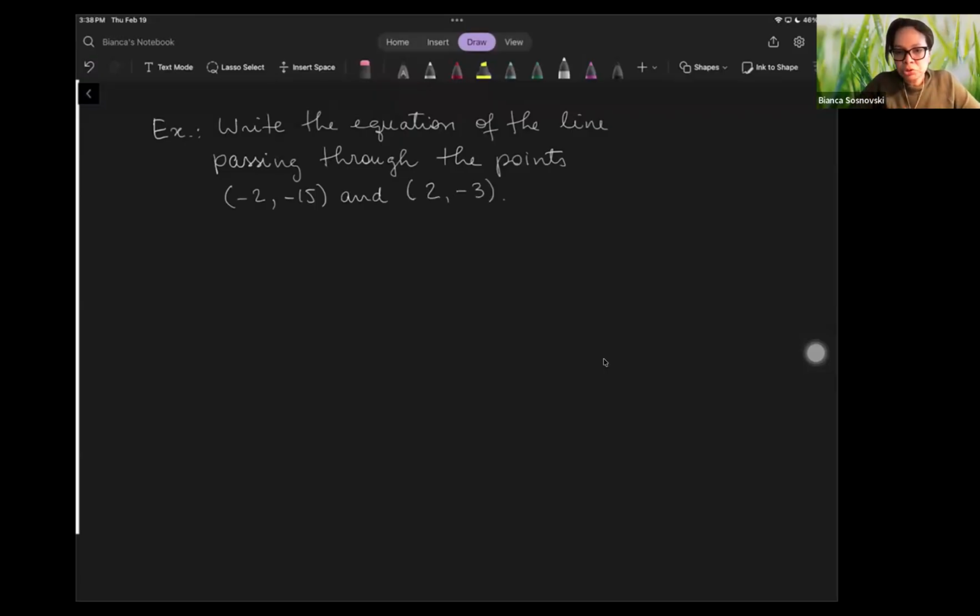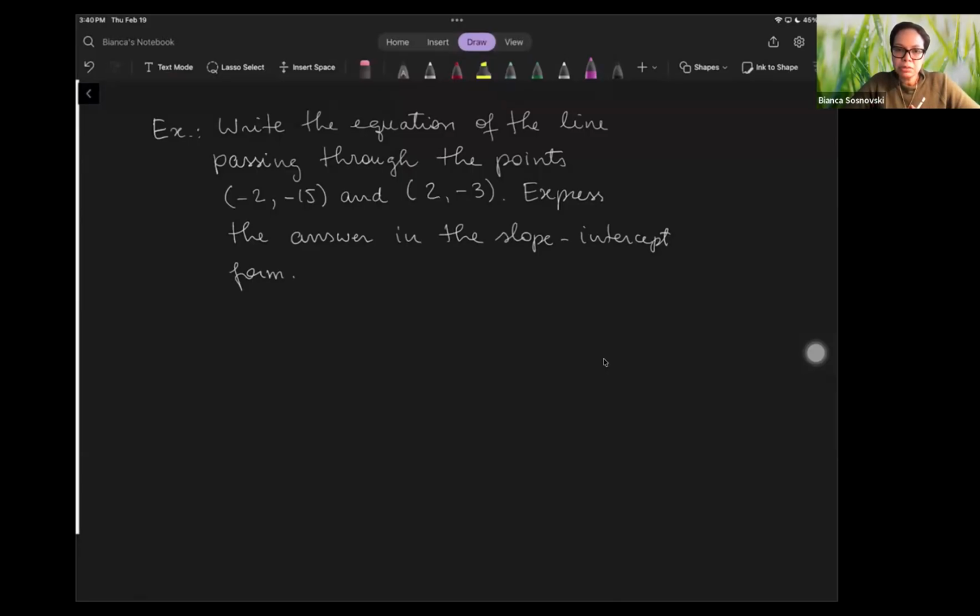So again, we're going to express the answer in the slope intercept form. Now, when I ask you to express the answer in this form, it doesn't mean you have to start with that form. You could start with the point slope form if you wish. The result will be the same.